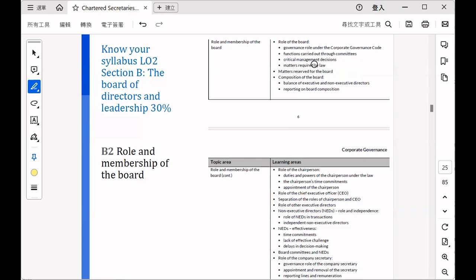Something relating to the board structure, board membership, who are the ED, who are the CEO, separation of the CEO and the chairman, and the role of executive directors, role of NEDs, etc., etc. So make sure that you prepare this section well.